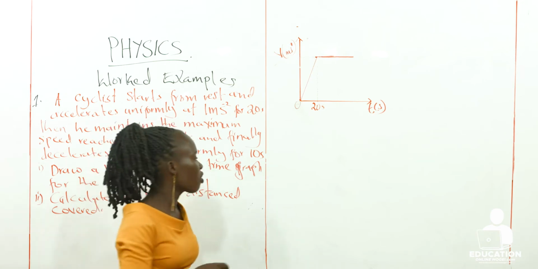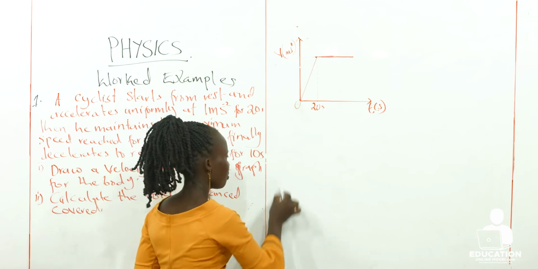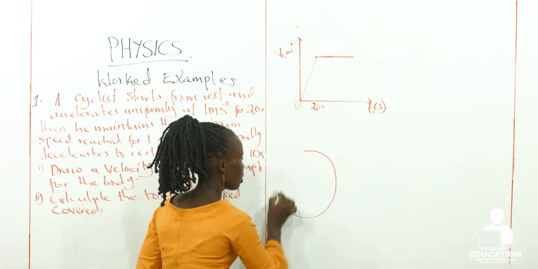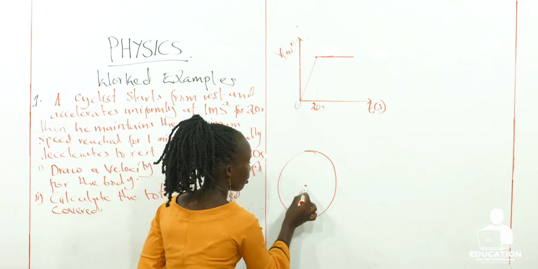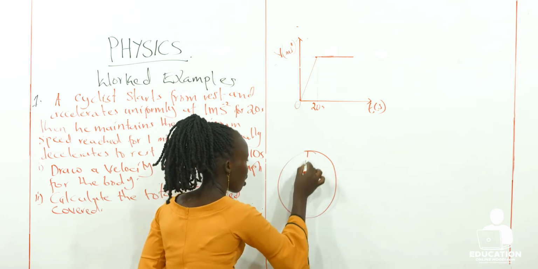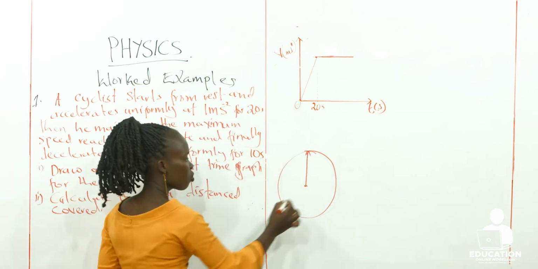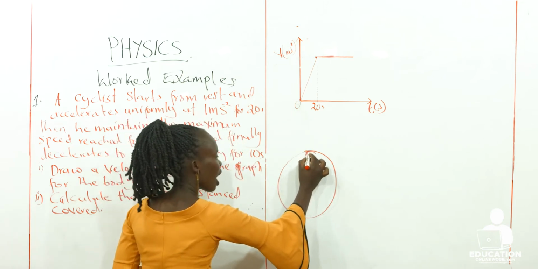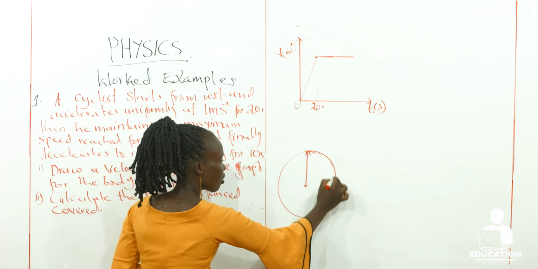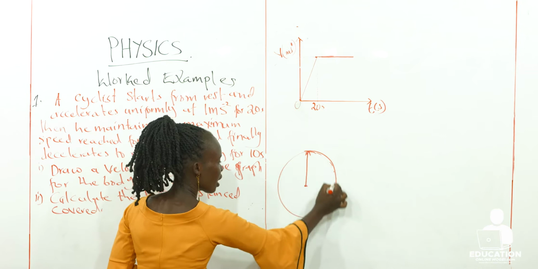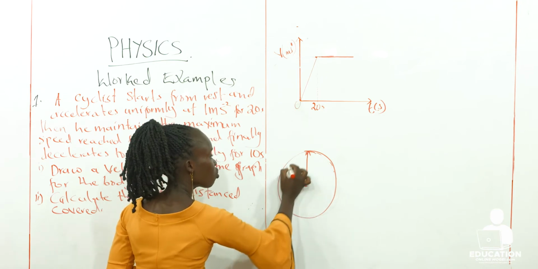So you see that for the clock to read, assuming this is our clock, this is our minute hand. For this to reach here, the second hand will move from here. It will continue moving all the way around the circle up to here.